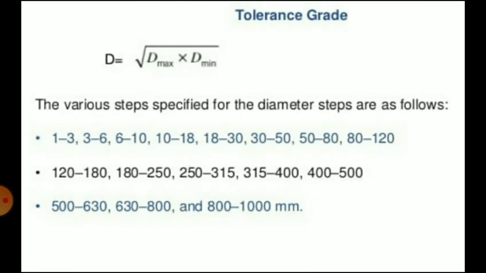So here it is given 1 to 3, 3 to 6 and 6 to 10. So it is 3 to 6. That step 3 to 6 means it is over 3 and up to 6. Now the next step you can see, that is 6 to 10. So 6 to 10 means over 6 and up to 10.